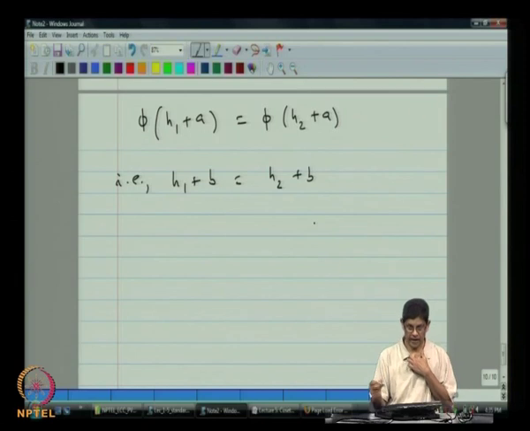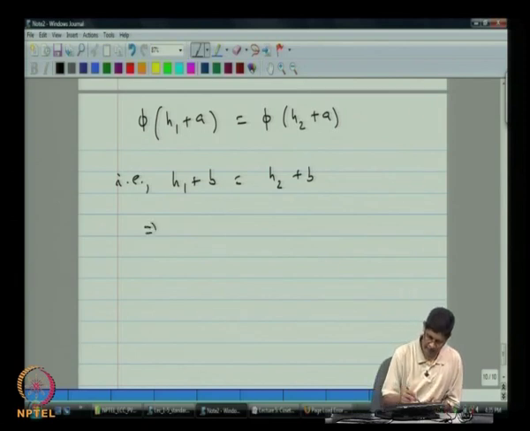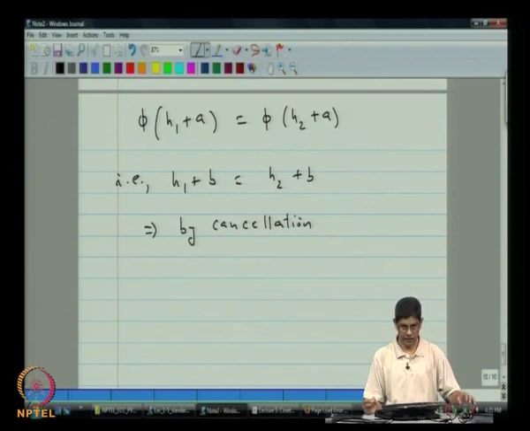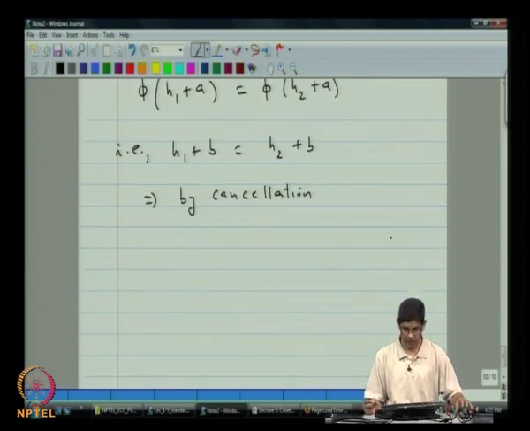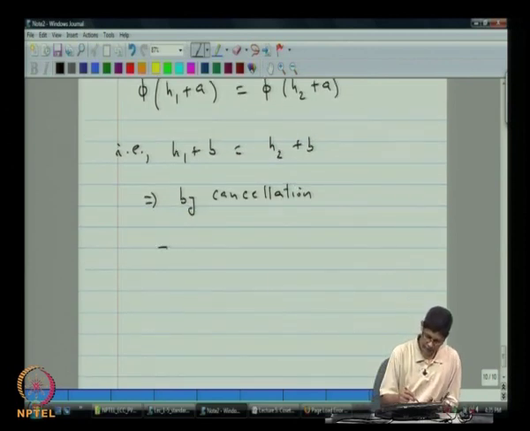But since I can simply cancel B on both sides, this implies by cancellation, which strictly speaking means that we are going to add B inverse or minus B on both sides, that H1 equals H2.